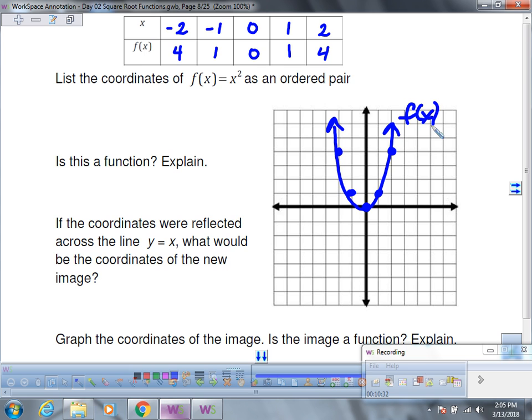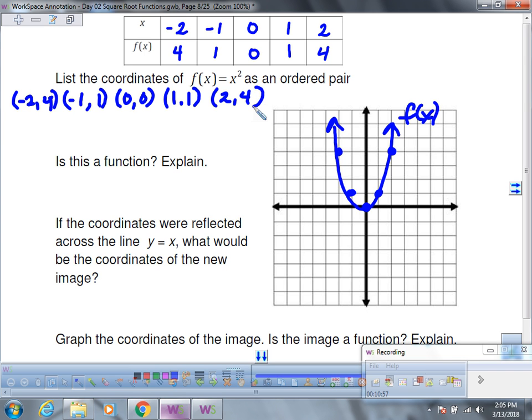All right, list the coordinates of f of x as an ordered pair. So my coordinates are, I'm going to start -2, 4, then -1, 1, then 0, 0, then 1, 1, and then 2, 4.